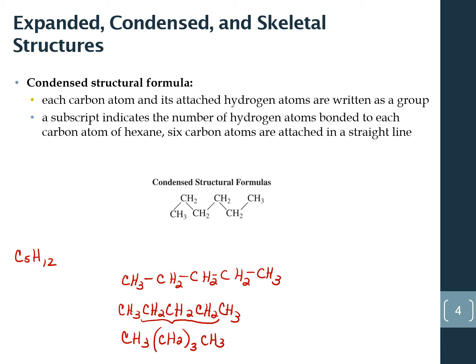So this formula here is actually telling you the first carbon you have 3 hydrogens bonded to it. In the second carbon you have 2 hydrogens bonded to it. In the third one 2 hydrogens. In the fourth one 2 hydrogens, and then in the last one 3 hydrogens.